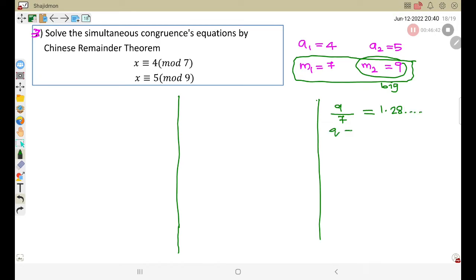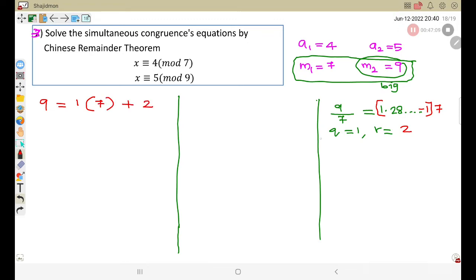So quotient equal to 1. Remainder you can check. From here subtract 1, after that multiply 7. You will get 2. So first one, bigger number is 9, quotient is 1, divisor is 7, plus remainder number is 2.